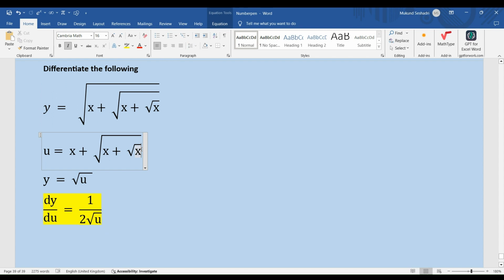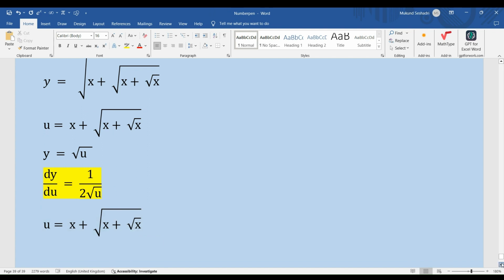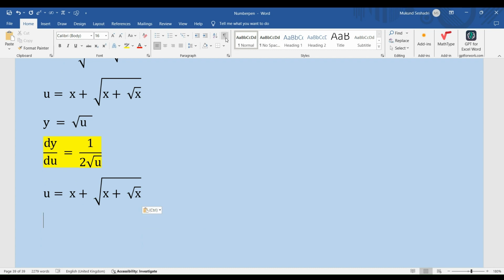And then let's come to our u expression, right? So my u, let me write it down because it seems to be a long expression that cannot be simplified in one single step. My u equals x plus square root of x plus root x, which means what is my du by dx?